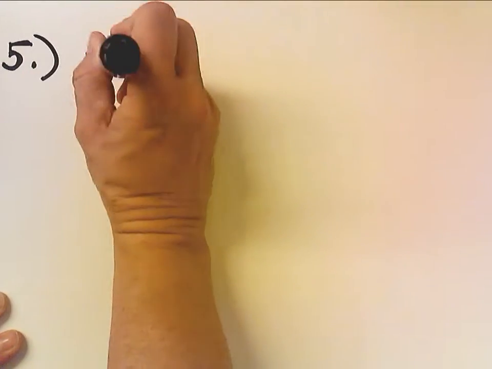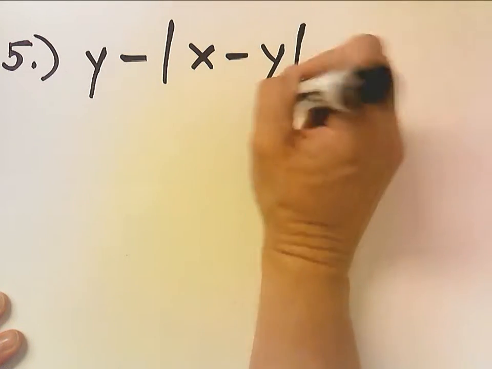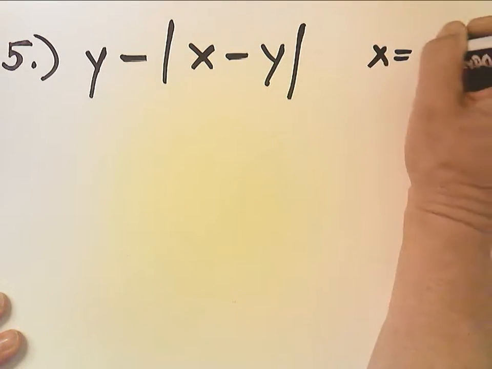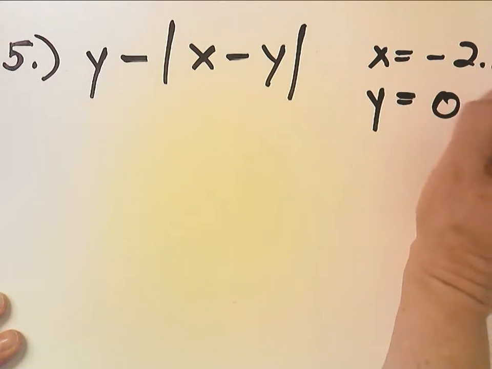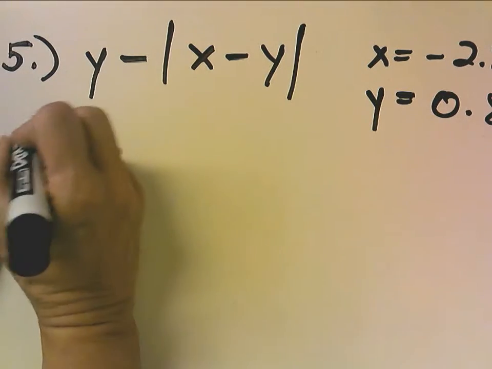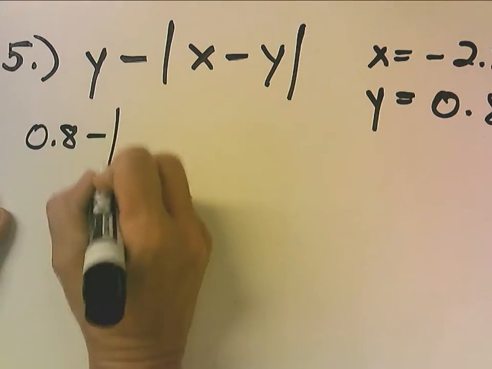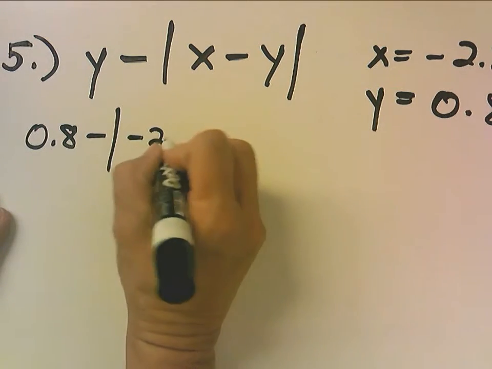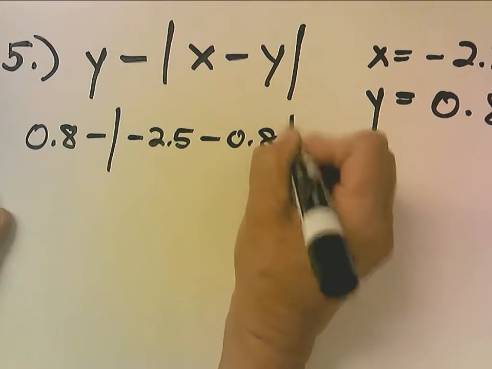it says y minus the absolute value of x minus y, and they tell you x is negative 2.5 and y is 0.8. Okay, so first I'm going to substitute. So y is 0.8 minus the absolute value of negative 2.5 minus 0.8.